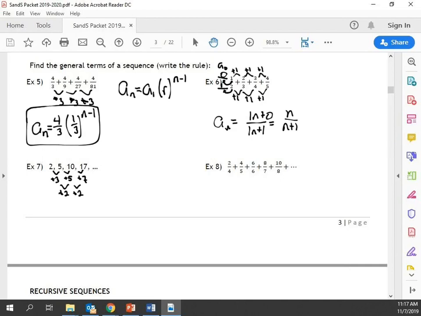How about that? This is what's called a second common difference. So if there's a second common difference, then you're doing this. It's called a quadratic. If there's a second common difference, then it's a quadratic.